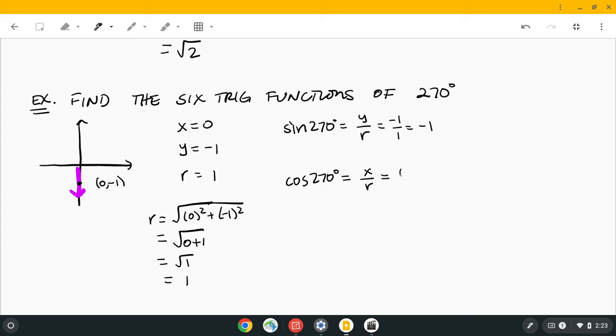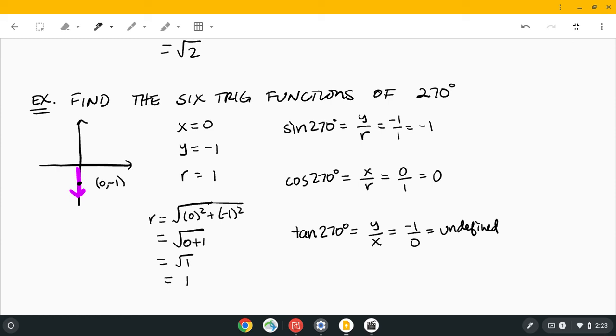So x is 0, r is 1, so that is going to be just 0. And then tangent of 270 degrees will be y over x. So y is -1, x is 0, so this is going to be undefined. Okay, 0 in the denominator is undefined.